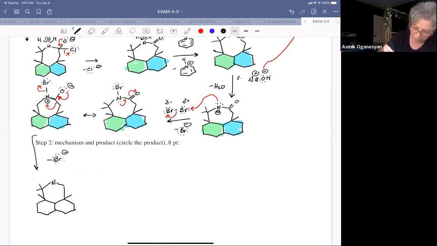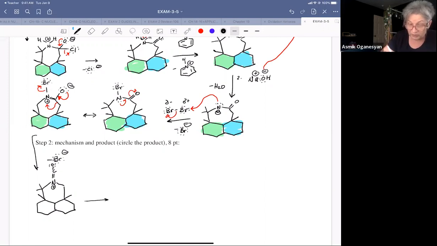Nitrogen. So, and we're going to have a double bond from that nitrogen to the oxygen, a carbon and the oxygen. Okay, we're almost ready to kick out that carbonyl group.